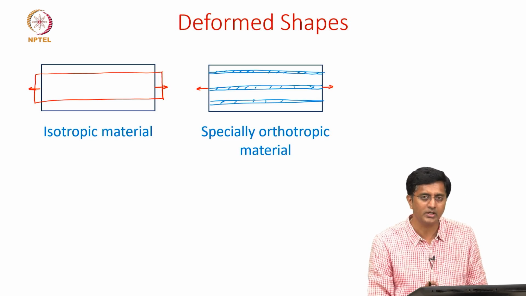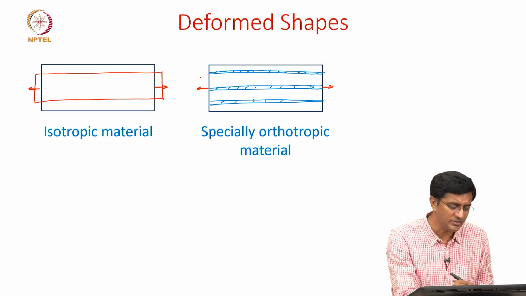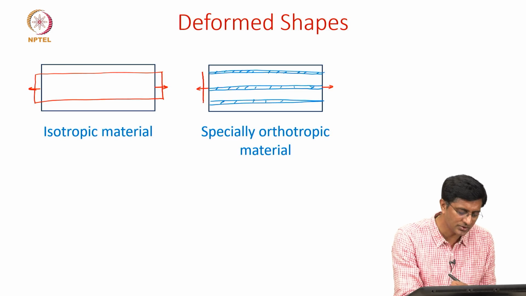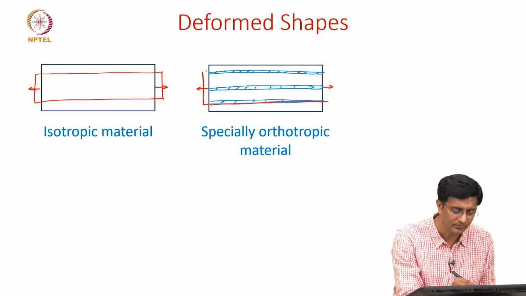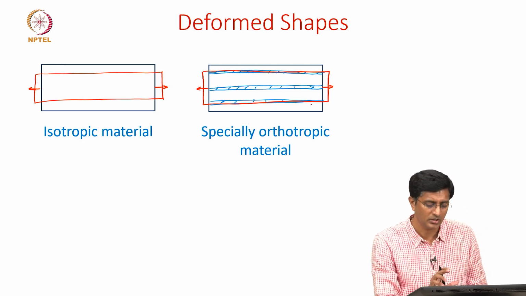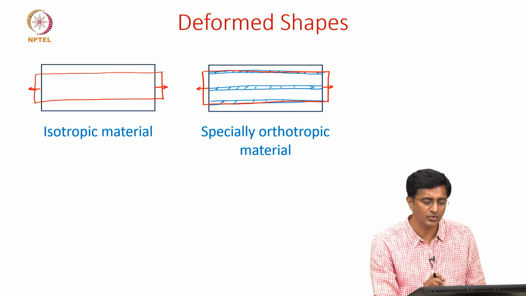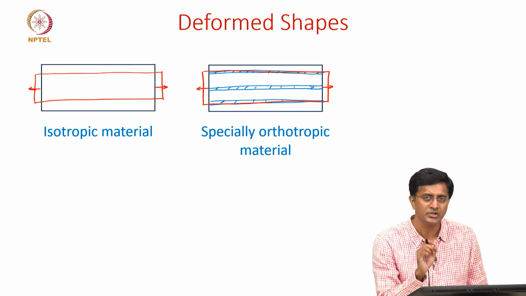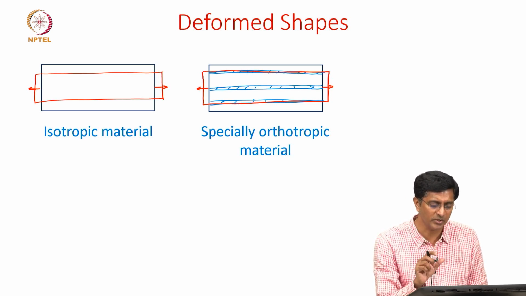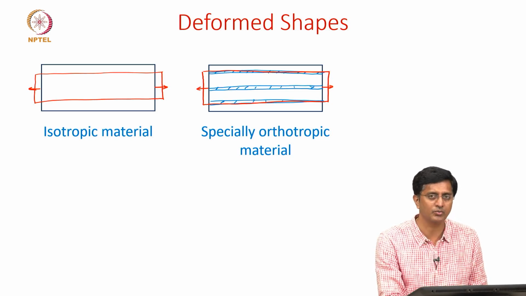Think about it and let's see how it deforms. Surprisingly, it will be no different from an isotropic material. Here too it will stretch in the direction of loading and contract in the lateral direction, but here too there is no shear deformation. Why is it so? Because if you recall the Q matrix terms, Q16 and Q26 are 0, which means the coupling between normal and shear is absent for a specially orthotropic material.